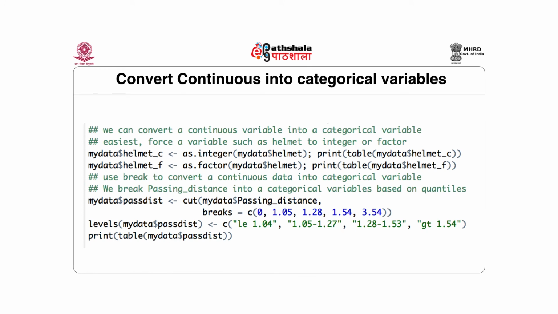So here, what we have done is we have taken a continuous variable, for example, an integer. We have treated integer as a continuous variable, and then we have converted that into a categorical variable.